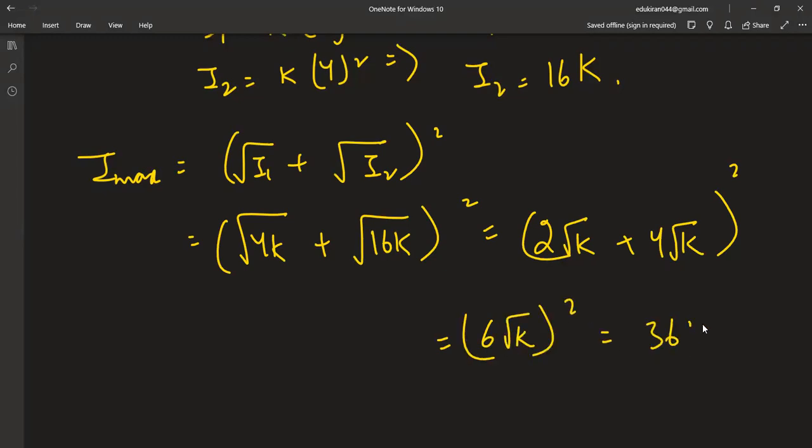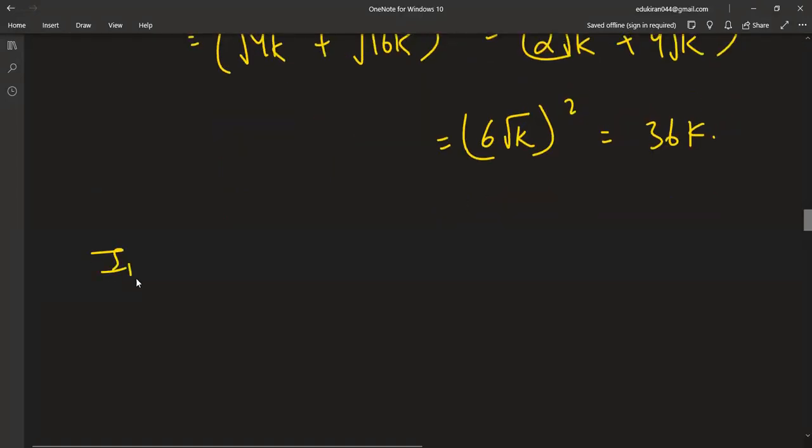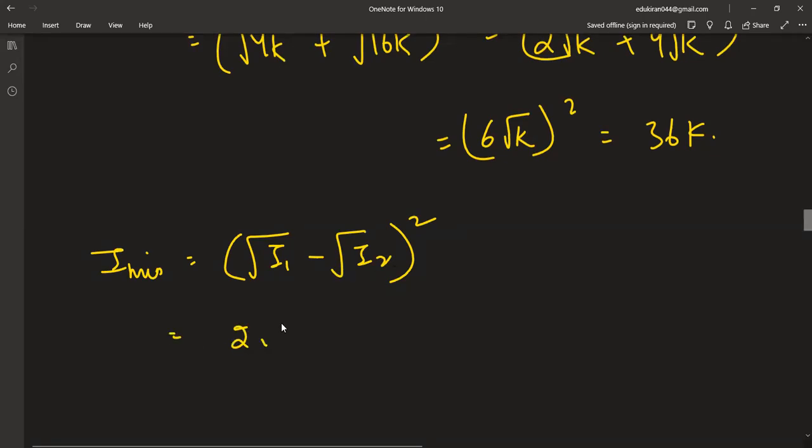This is equal to 36K. This is the maximum one. When we are calculating the minimum one, that is root I1 minus root I2, because this is a part of destructive interference, this becomes 2 root K minus 4 root K whole square. That is equal to 4K.